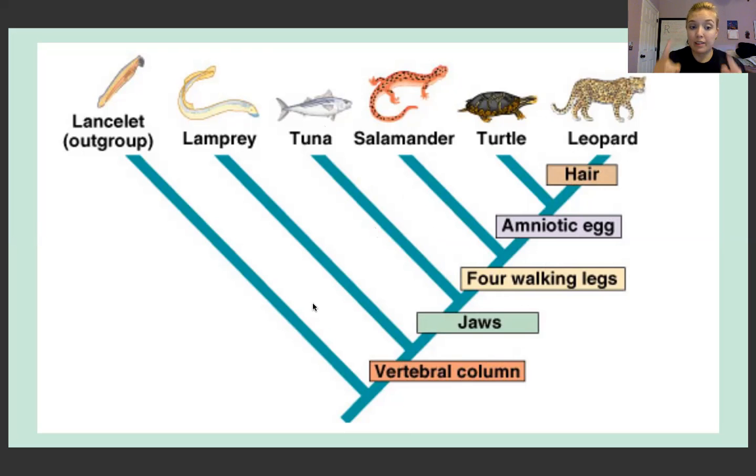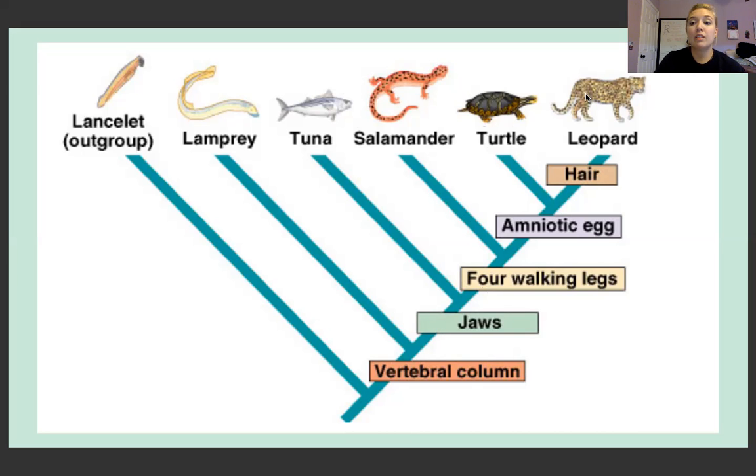So knowing that and thinking about that, the way that we tell if organisms are closely related is if they have more characteristics in common. So if I was looking at a turtle, a salamander, and a tuna, and I was trying to figure out which organism is more closely related to the turtle, the tuna or the salamander, the answer would be the salamander, because the salamander has 1, 2, 3 characteristics in common with the turtle, whereas the tuna only has 1, 2 characteristics in common.